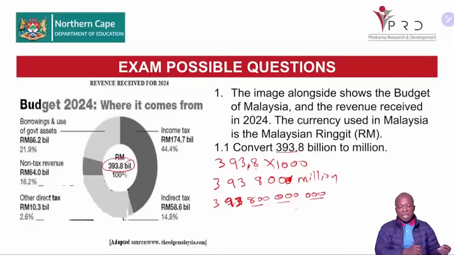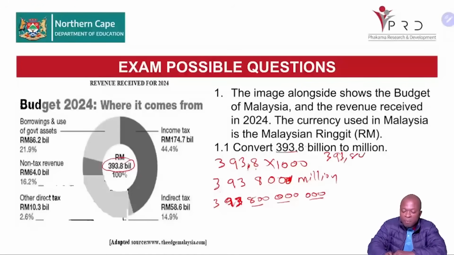So when the value is in billion and you are taking it to million, add 3 more zeros. And if there is another digit, let's say 393.84, it means we could have added only 1 more zero.